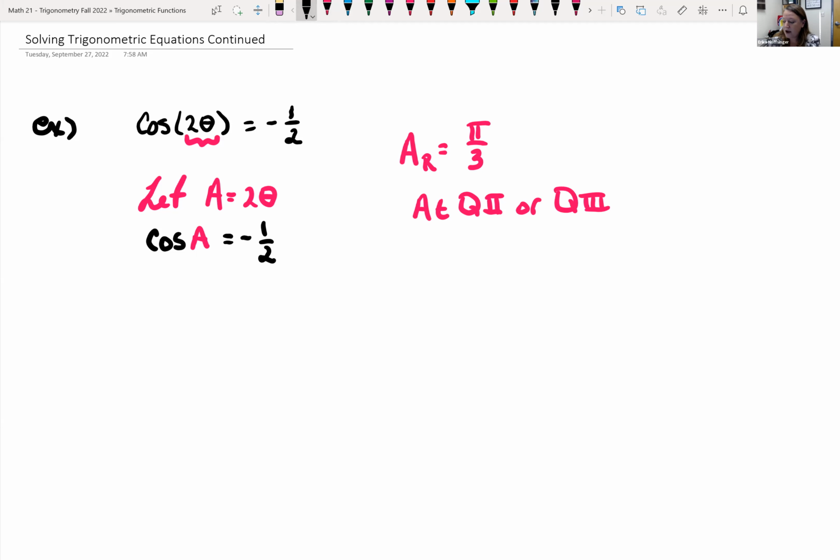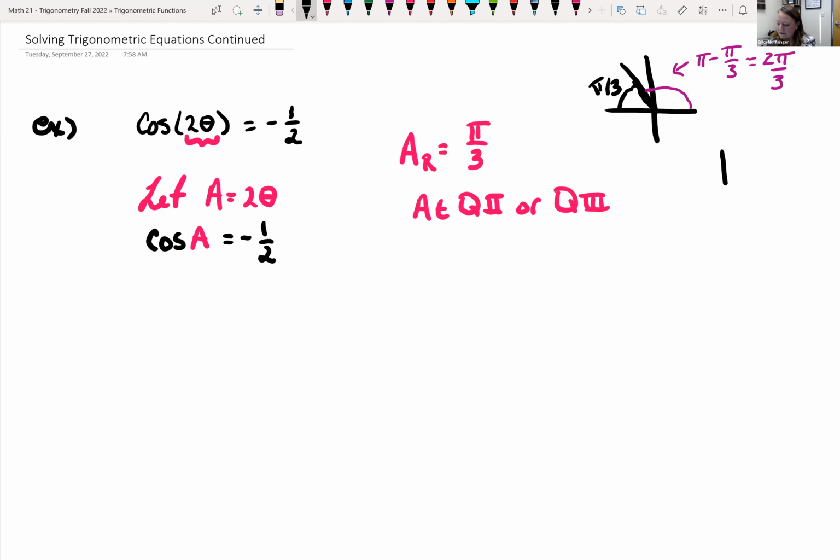Our reference angle is pi thirds, so we're trying to figure out what angle from standard position would give us that terminal side. In quadrant 2, we would look at pi minus pi thirds. Getting a common denominator, 3 pi thirds minus 1 pi thirds gives me 2 pi thirds.